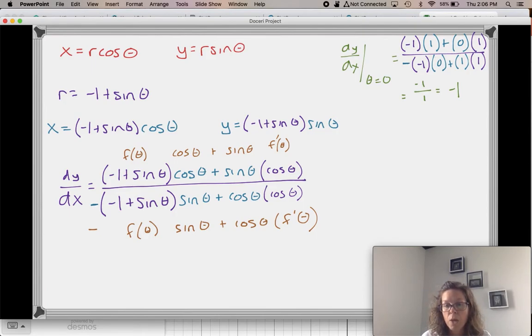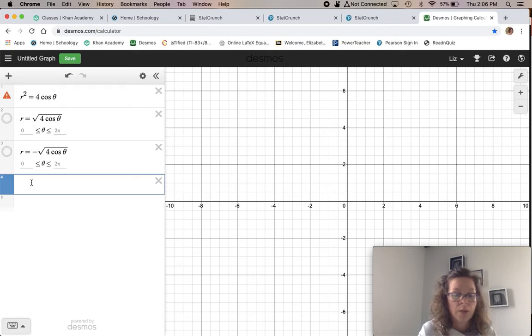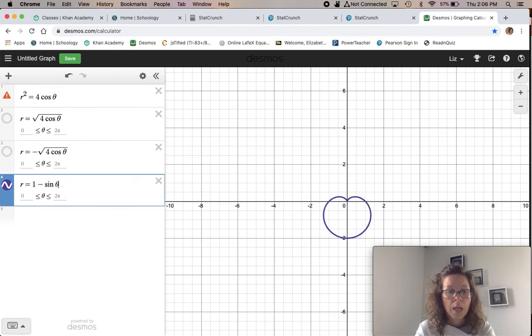Right? And on your problems, it might ask you to do more than one. I believe it does ask you to do more than one theta value. So we plugged in 0. You could then plug in pi halves or plug in pi or pi fourths. You might need to use some other special trig angles. But then let's take a look at what this is showing us on the graph. So our function is 1 minus sine of theta. So I'm going to turn those off, and if I do r equals 1 minus sine theta, this is our graph.